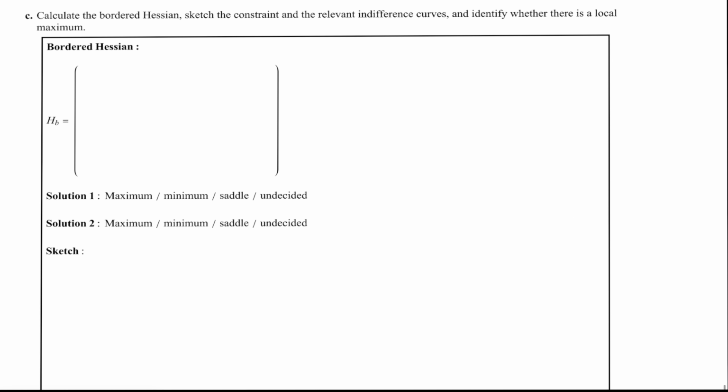Calculate the bordered Hessian, sketch the constraint and the relevant indifference curves, and identify whether there is a local maximum. All right, so the bordered Hessian is 0, and then the first derivatives of the constraint in the first row and the first column, and then it is the normal Hessian of the Lagrangian.